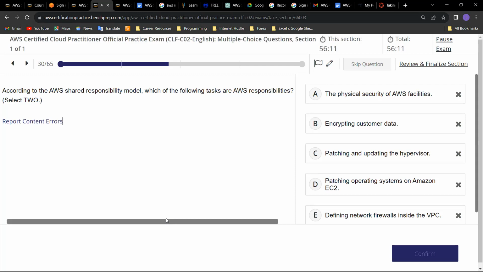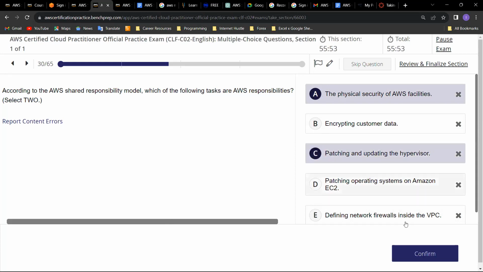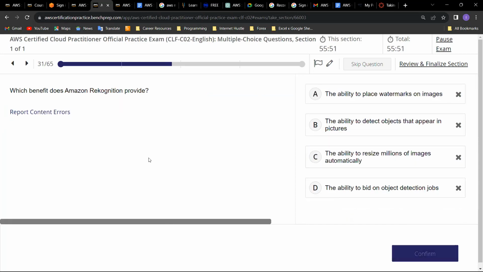AK ANC, host ANC, Godman ANC, Bridget ANC, Prince ANC, Angela ANC, Rhodes ANC, Josephine ANC. Okay, great. So ANC. All right. What benefits does Amazon Rekognition provide?